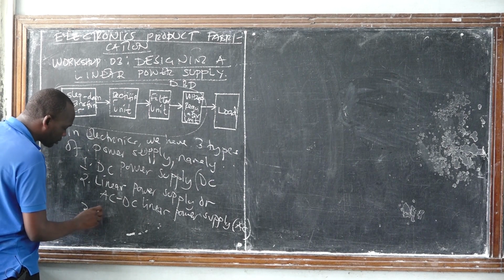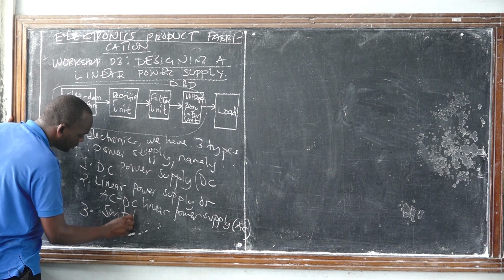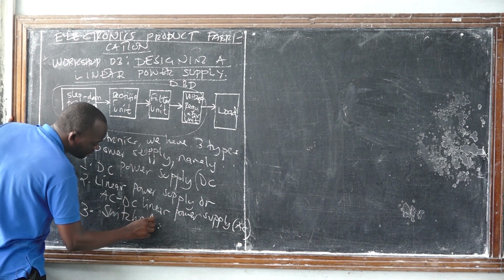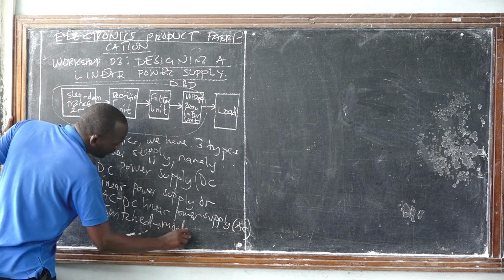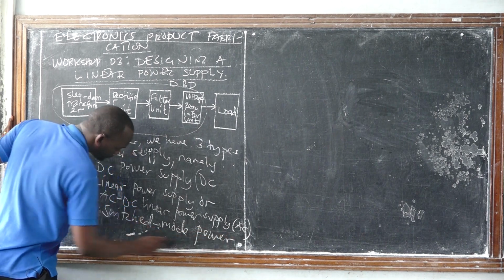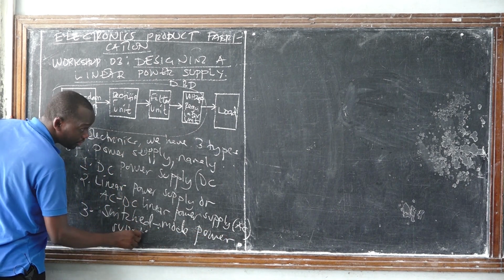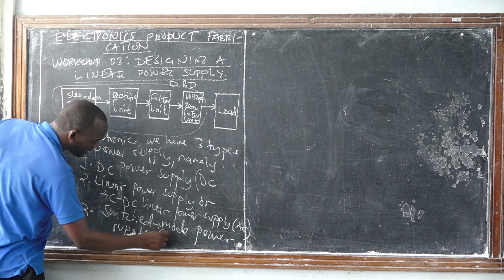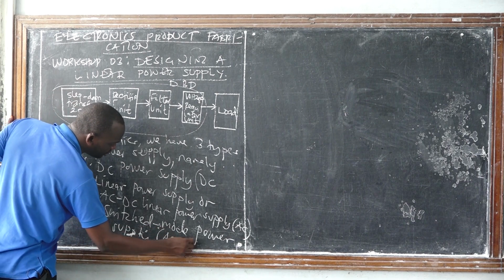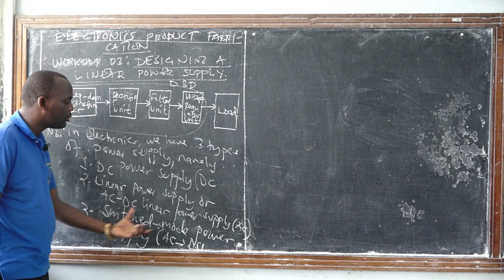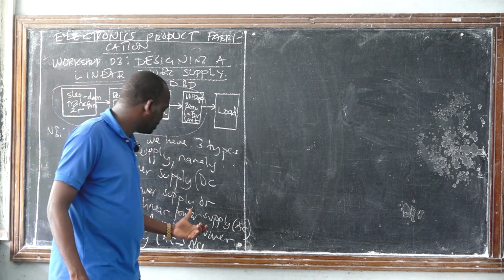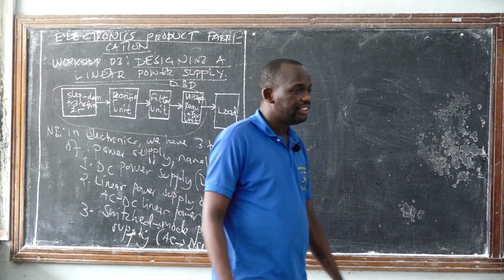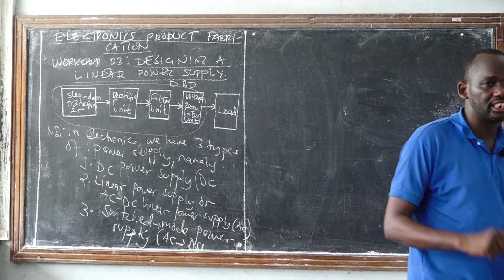It's called the switched mode power supply. Say switched mode. Also, this one converts AC to DC. The difference between switched mode power supply and AC to DC linear power supply is just the configuration of the circuit.